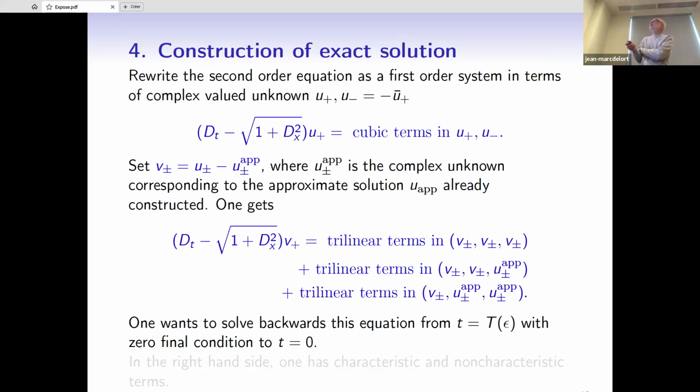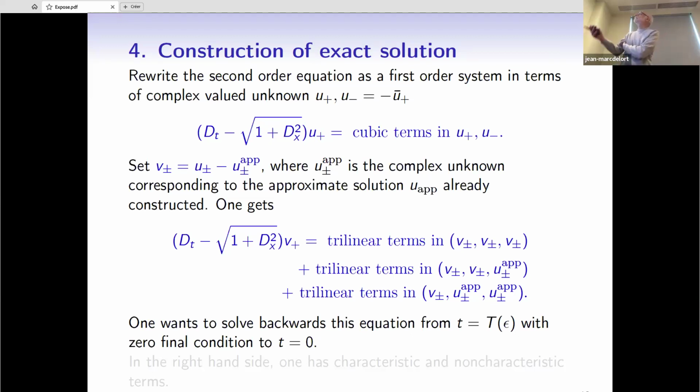I have written precedingly the equation as a scalar complex valued equation, say an equation of the form dt minus square root of 1 plus d square u plus equals cubic terms in u plus and u minus, where u minus stands for minus u bar.